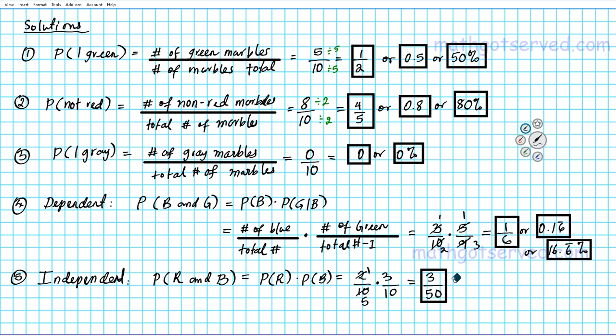You can use your calculator or long division. And that's going to give you 0.06. Or in percent format, multiply this by 100 and move the decimal point 2 places to the right. And that will give you 6%. Okay? So there go your 3 possible answers for question number 5.